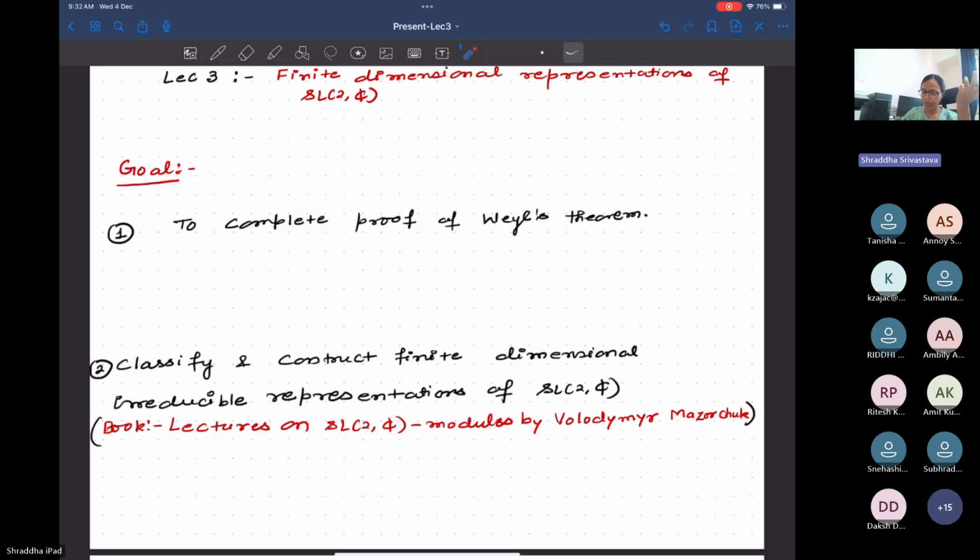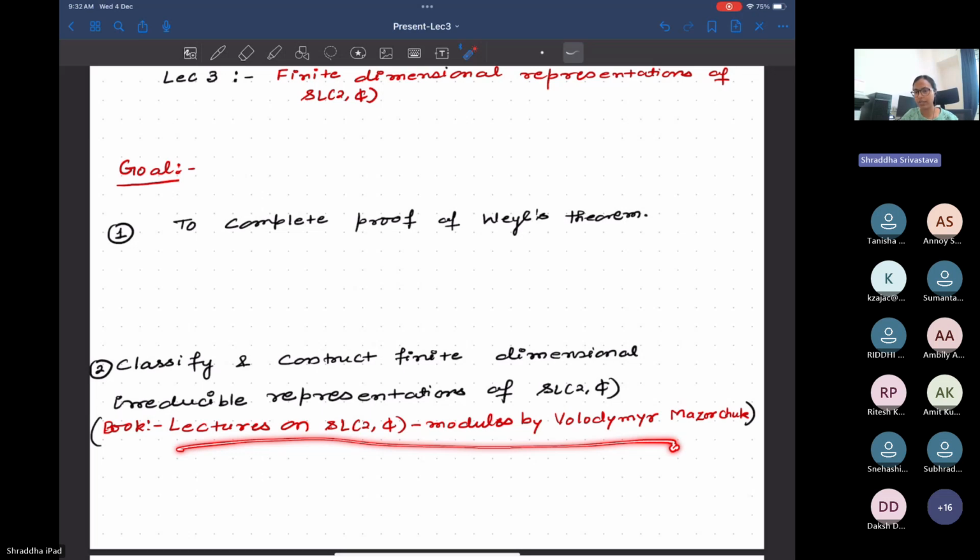And just to say, one can even have an entire book on SL2C modules. This is a very nice book. It has a very full treatment about SL2C modules. You can have a look at it, which is not only concerned with finite dimensional, not only weight modules.